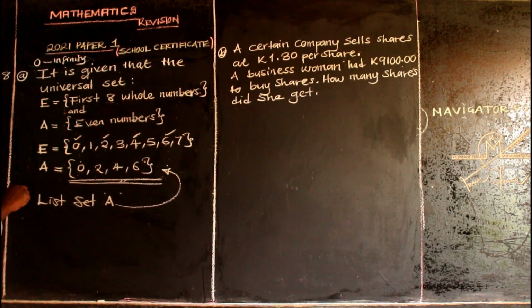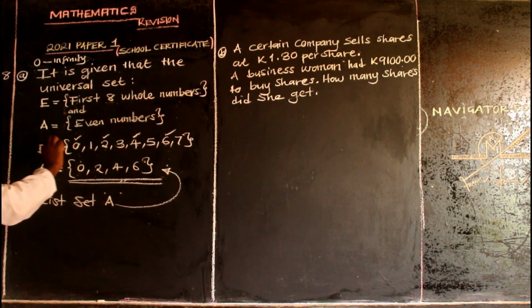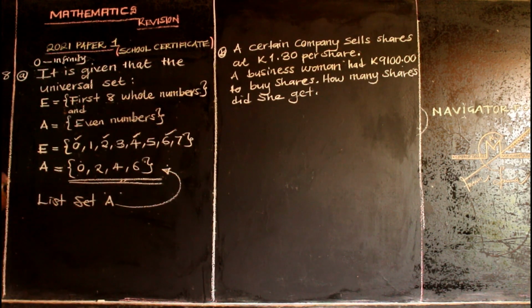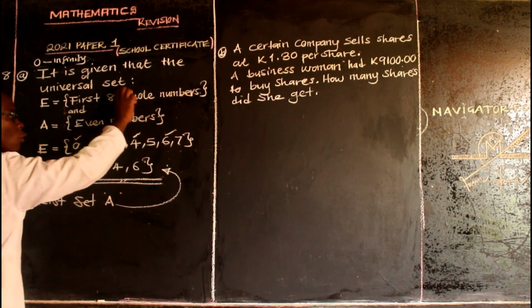Set A, even numbers, from the universal set given, which runs from 0 to 7, the first 8 whole numbers.